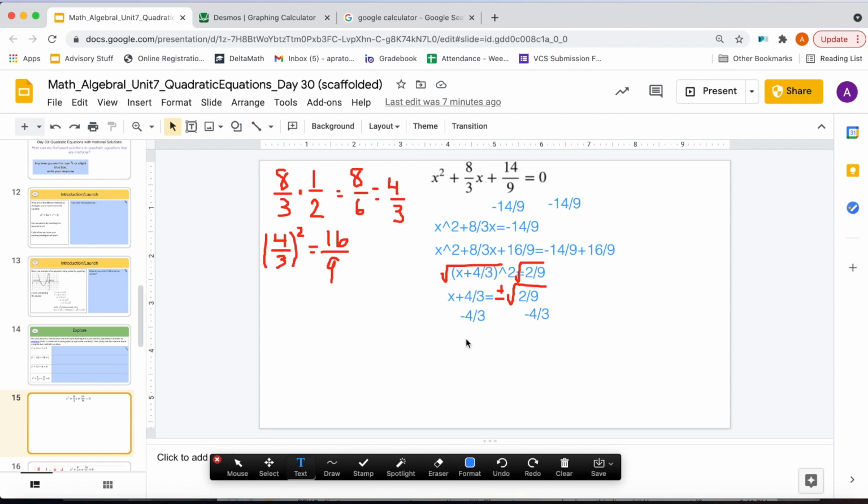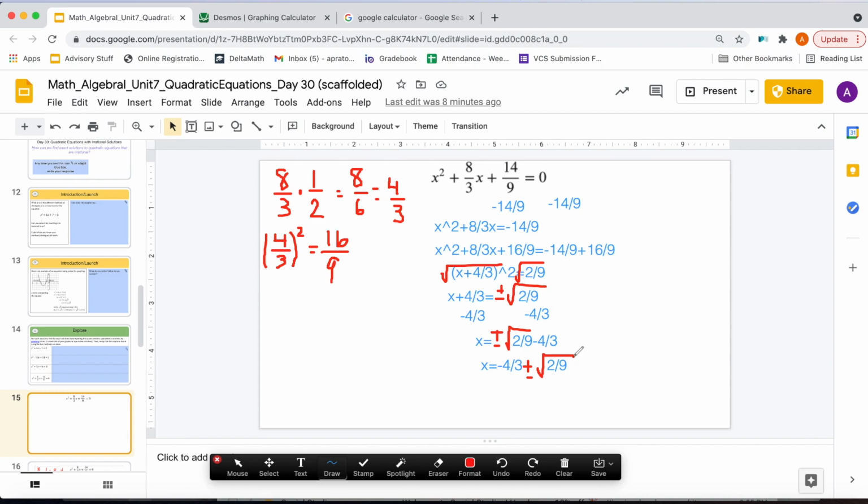And I'll fill in that little positive or negative square root of. And then we also can use the commutative property and move the 4/3 to the front. And just say negative 4/3 plus or minus the square root of 2/9.